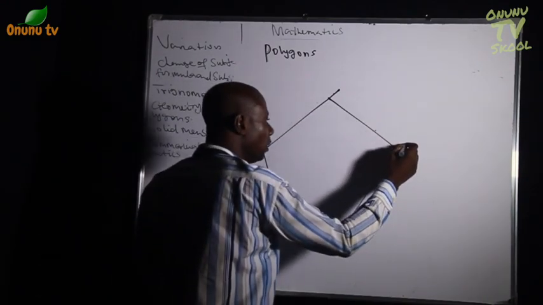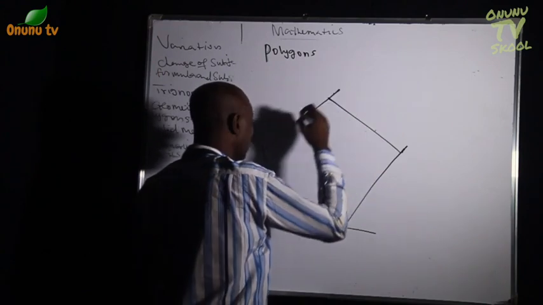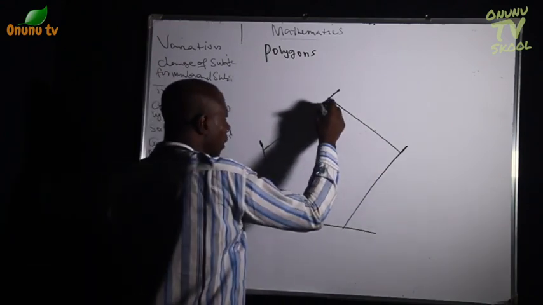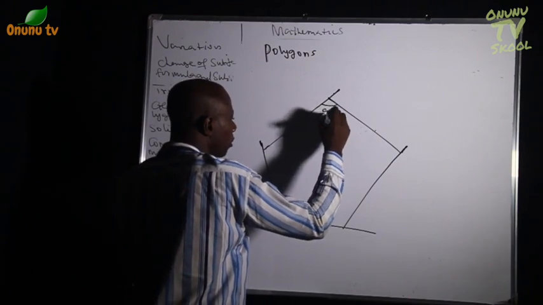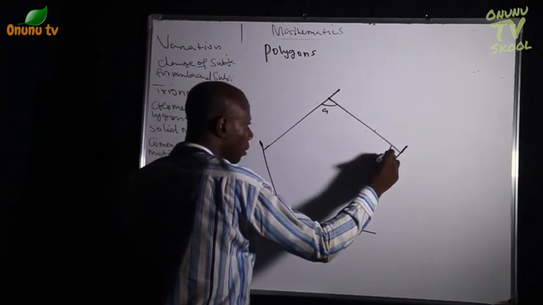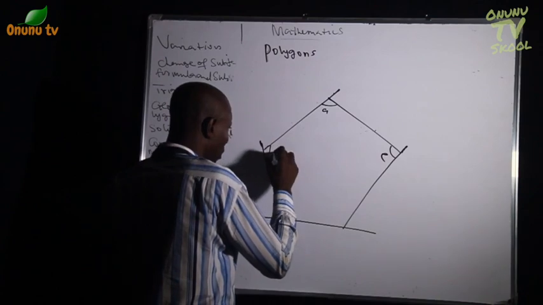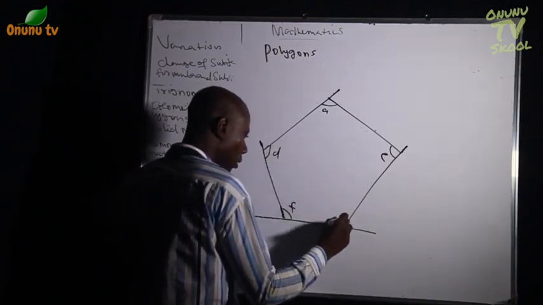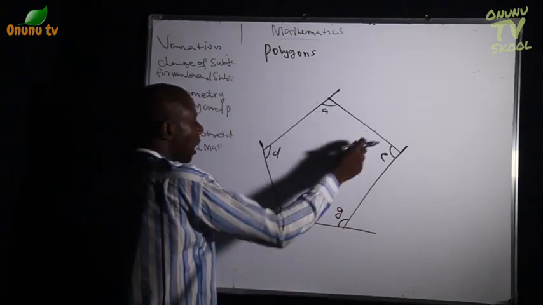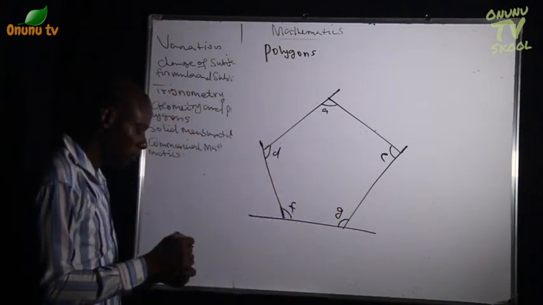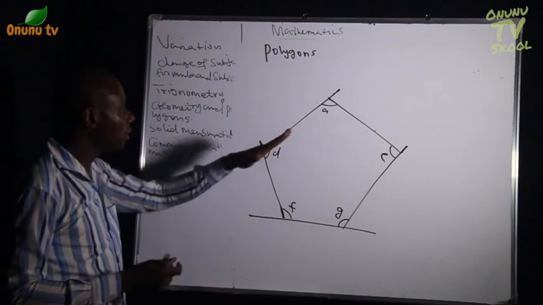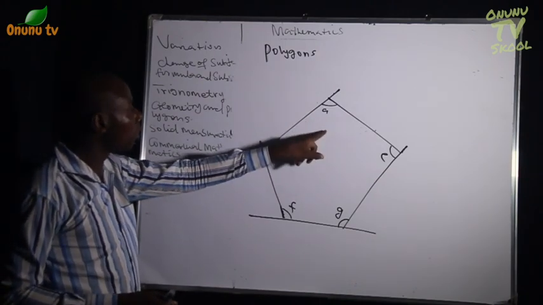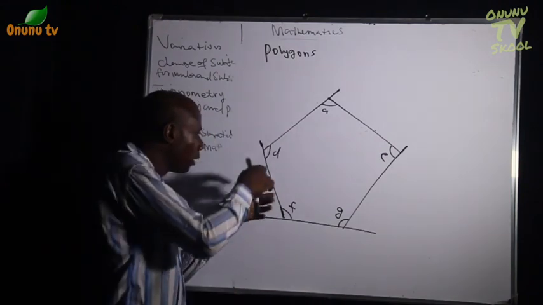As I said earlier, any polygon has interior and exterior angles. Let's call here A, here E, here D, here F, here G. All these angles are what we call interior angles of the polygon. Why? They are interior angles because they are found inside the polygon.